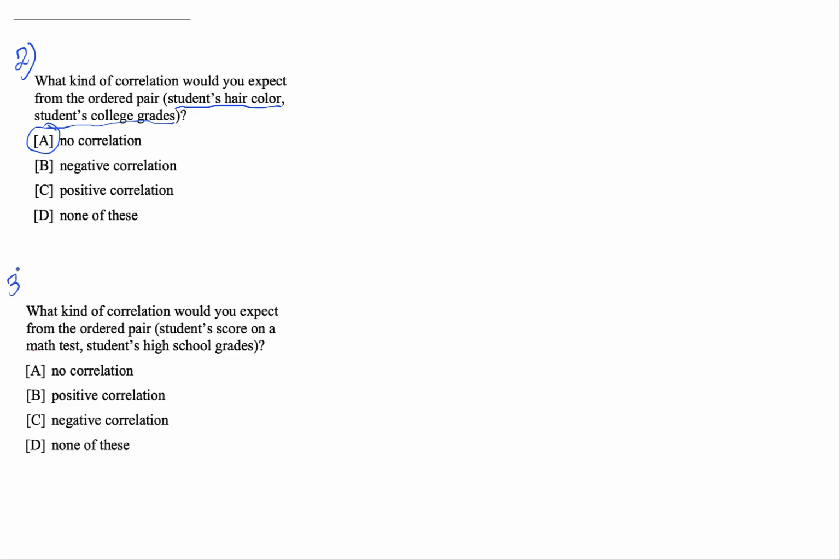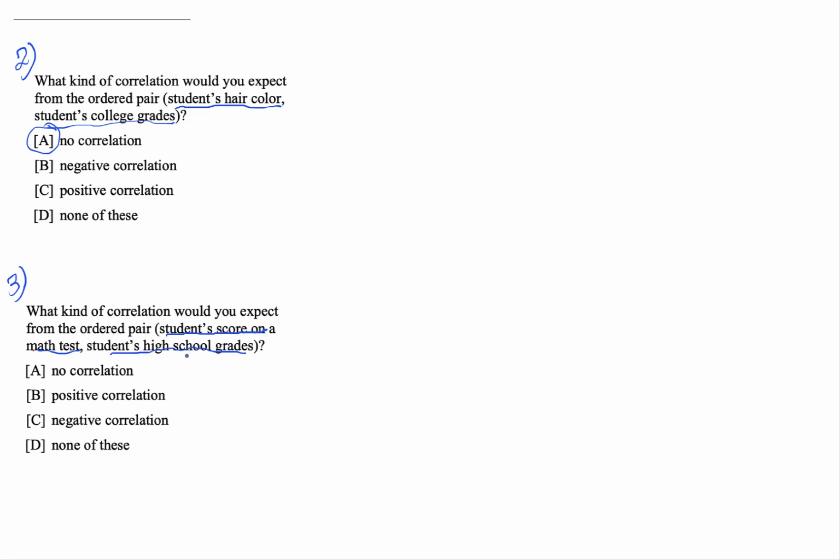Let's look at number 3. What kind of correlation would you expect from the ordered pair? So what are we comparing? A student's score on a math test and a student's high school grades. You have to think about the situation. Now, if you're in high school, the aim is to graduate and then go to college.